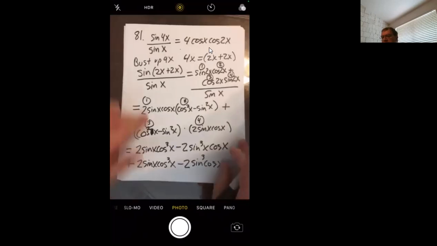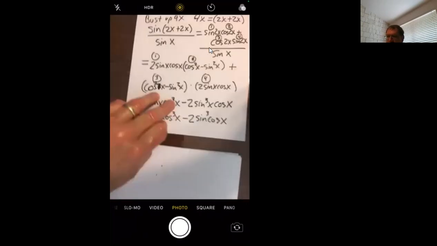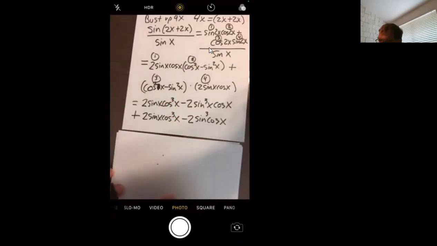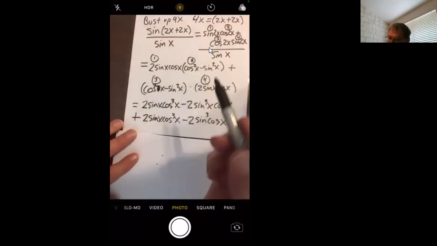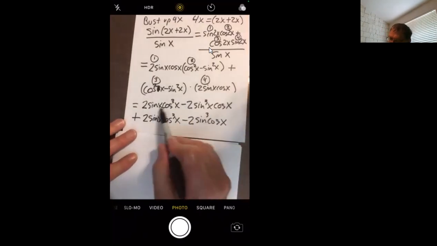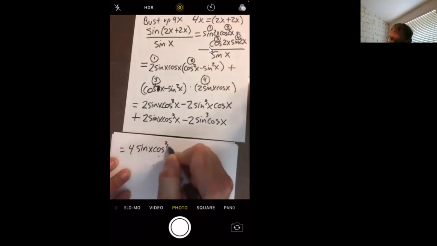I don't know if this is getting us anywhere or not. All right. I was hoping some things would cancel, but they're actually doubling, which makes sense. This whole thing up here should double this, meaning twice 2 sine cosine, that's a 4 sine x cosine cubed.